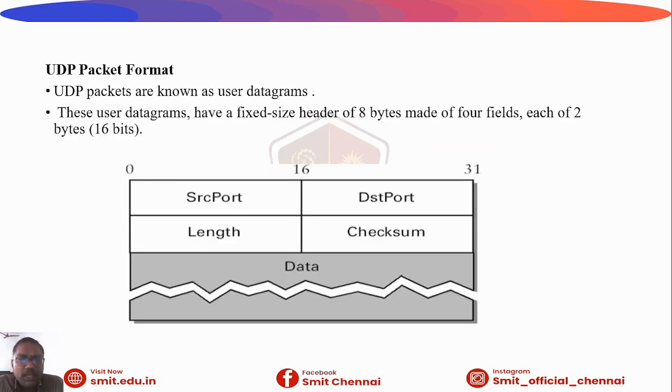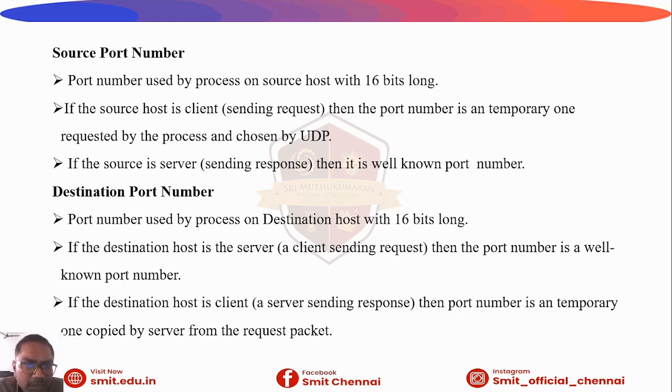Now this is the UDP packet format. The packet has a fixed header size of 8 bytes, made of 4 fields, each of 2 bytes. That is source port, destination port, length and checksum. Each has a capacity of 2 bytes, totally 8 bytes. We will see them one by one. First is the source port number.